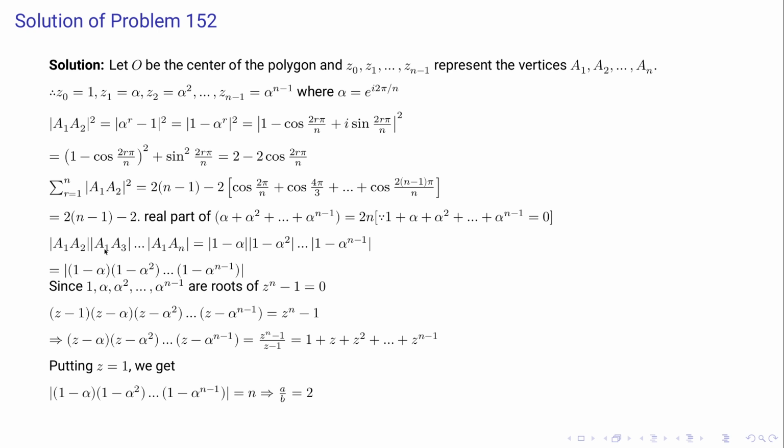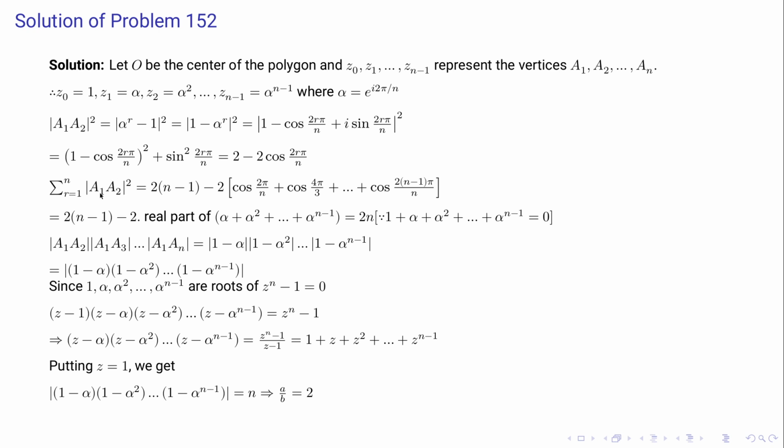Now we try to find B, which is equal to mod of (1 minus alpha)(1 minus alpha square) up to (1 minus alpha to the power n minus 1). But we need to reconsider the sum first.